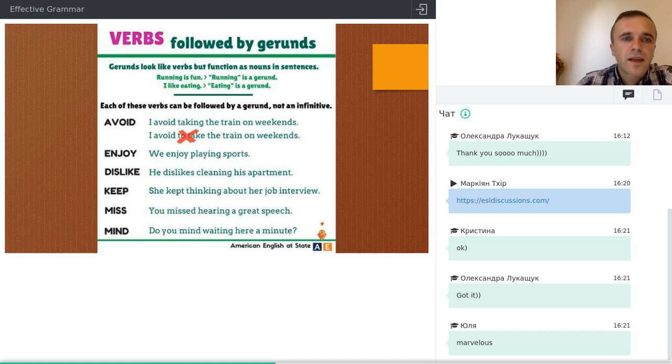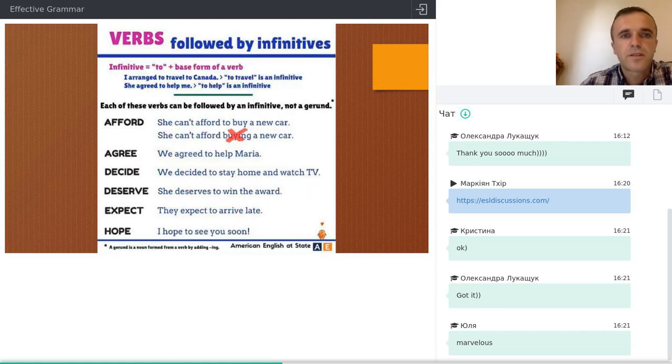You see that it's clearly written what a gerund is, what the infinitive is, and here are some examples of gerunds and infinitives.